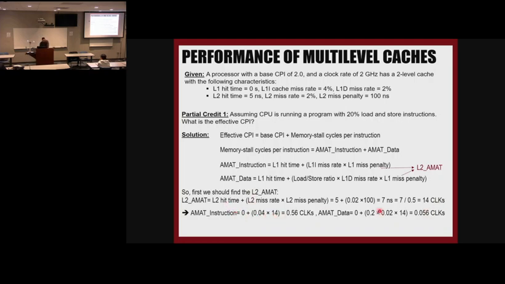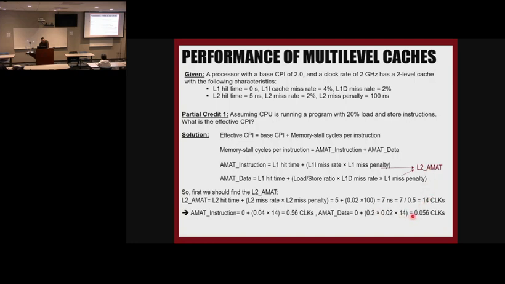You just multiply the 14 clocks by 0.04, which is the 4% here, and you get 0.56 clocks for AMAT instruction. For AMAT data, you have the L1 hit time, which is 0 seconds, plus load store ratio, which is 20% or 0.2, multiplied by L1D miss rate, which is 2% or 0.02, multiplied by L1 miss penalty, or L2 AMAT, which is 14 clocks.